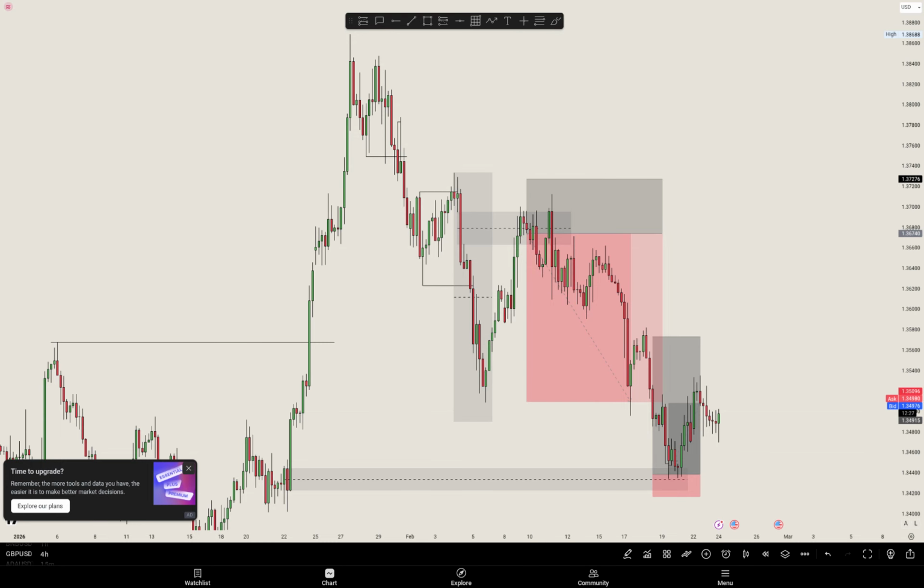This is how I would have approached the trade. If you refine your entries, you get a more precise entry.